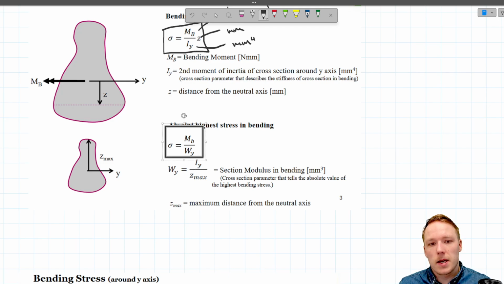We take the second moment of inertia and divide it by the maximum distance from the neutral axis to the edge of the profile. In this example, the distance from the neutral axis to the top surface is bigger than the distance from the neutral axis to the bottom, and therefore the z max value is the distance from here to the top of the profile in here.